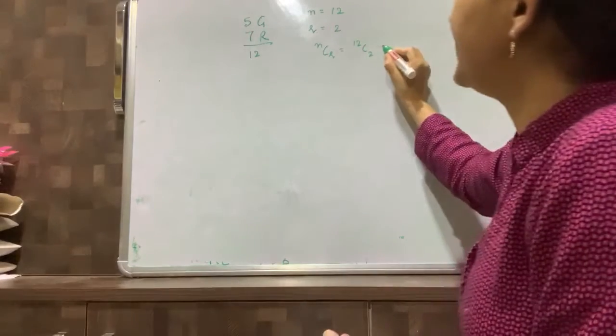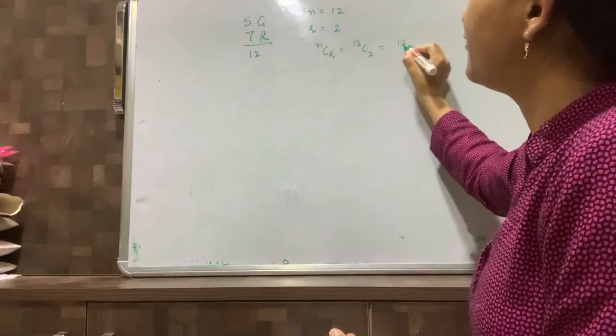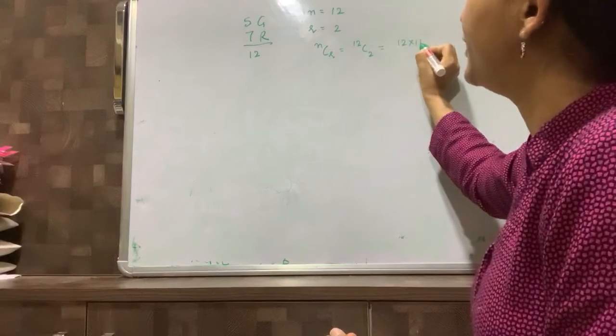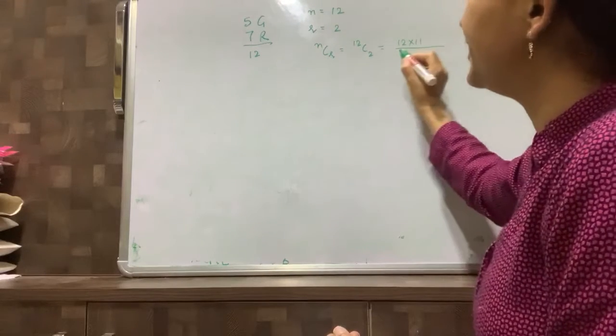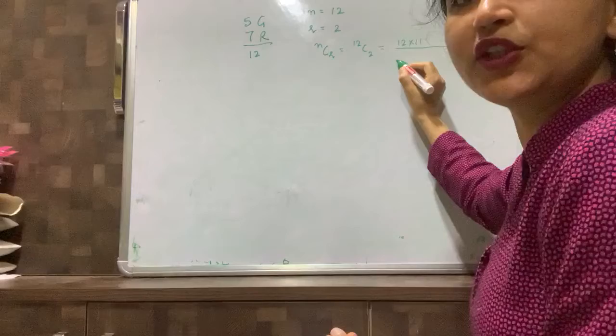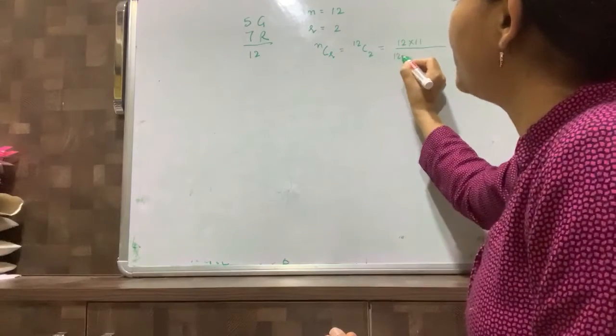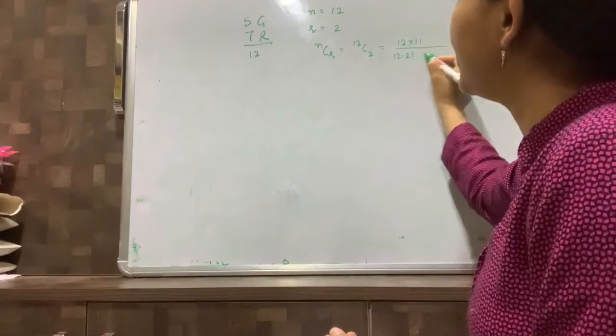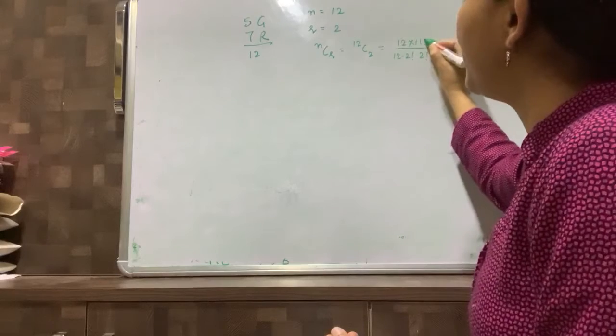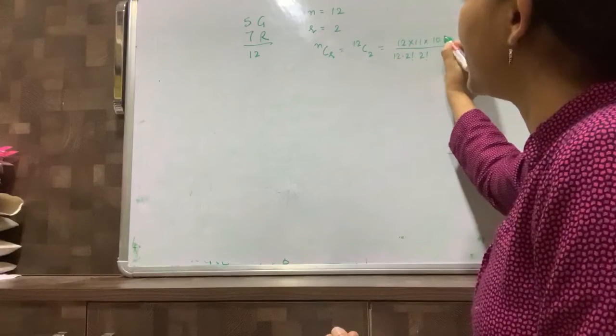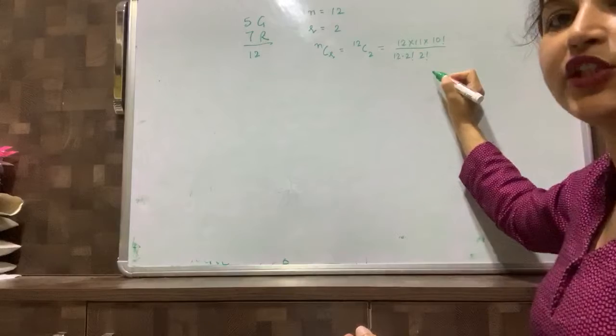12C2. Again, as much as your R is, you will open the factors only till that. 12 into 11 divided by, in the denominator we have 12 minus 2 factorial into 2 factorial, and the remaining numbers we will write in the form of factorial in the numerator.